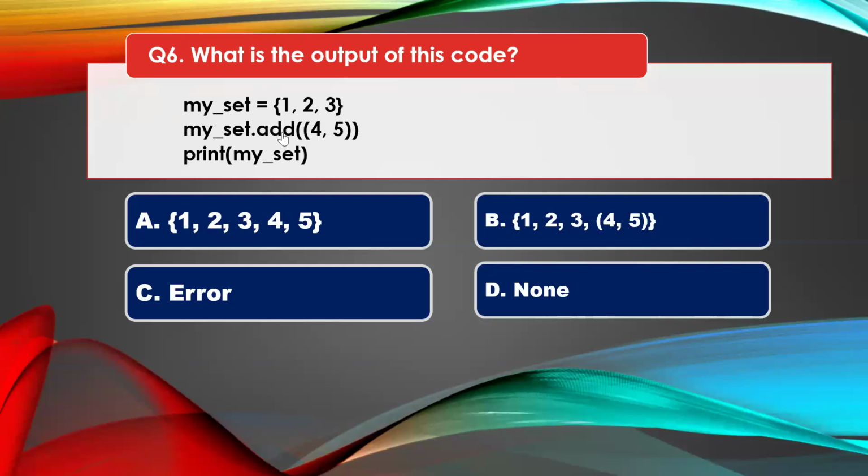And here, add will consider whatever you give it as one single value and it will be dumping it into the set. That is what is happening. Again, the order will not be maintained. The order will be slightly different. But this is the answer. You will be getting 4 and 5 in the form of a tuple. Remember that. Okay.